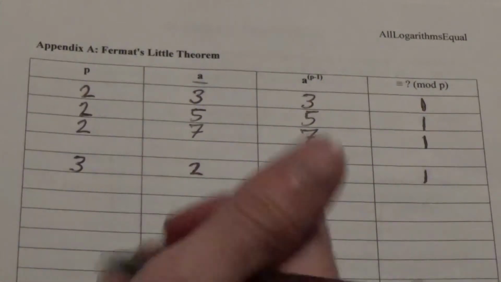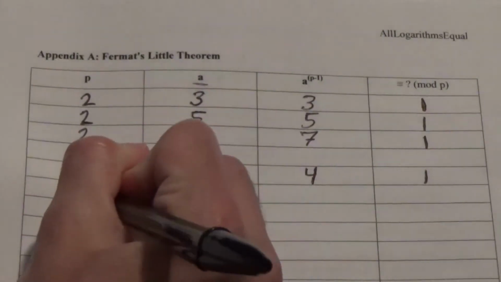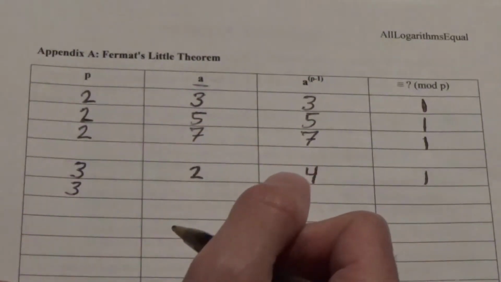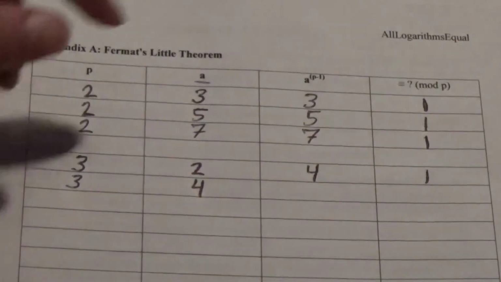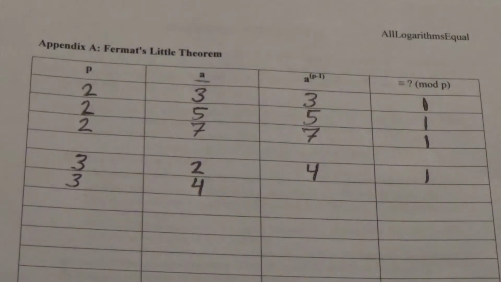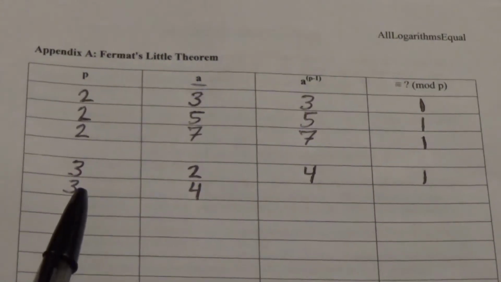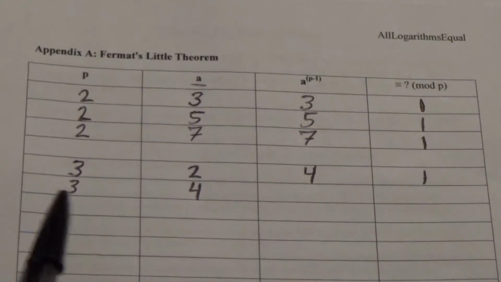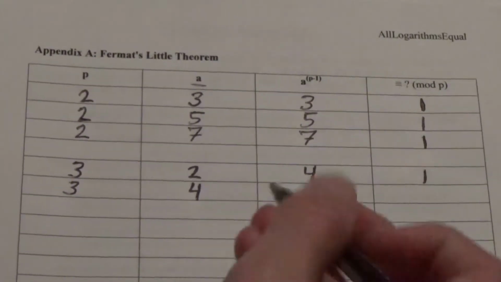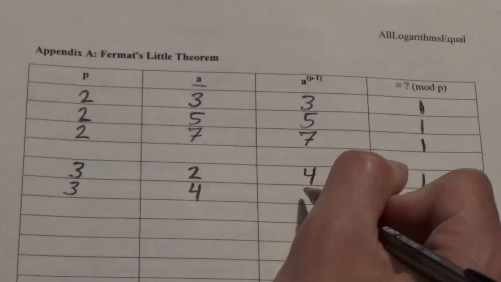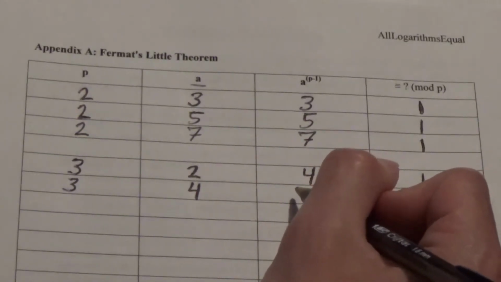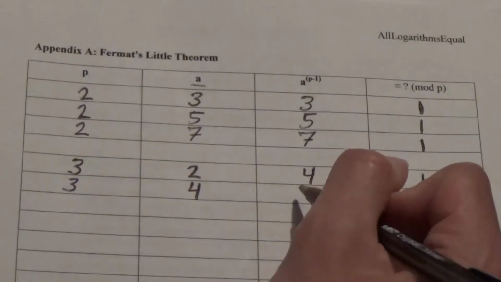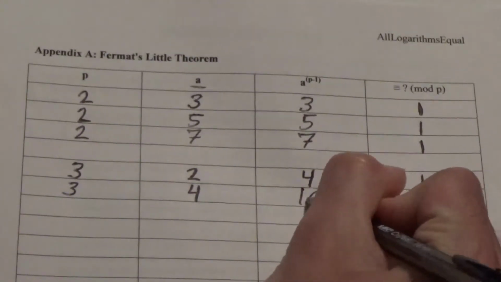Now let's keep going, let's try some other trials. If we start with 3, and then try 4. Because remember, we said A doesn't need to be prime, we need to make sure that it's relatively prime to this P, this prime number. So in this case, 4 is A, so A to the P minus 1 is simply 4 to the second power, which is really 16.